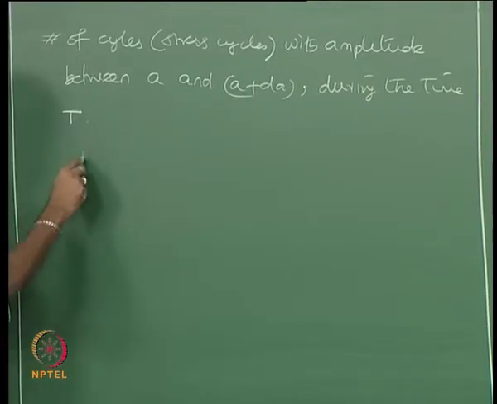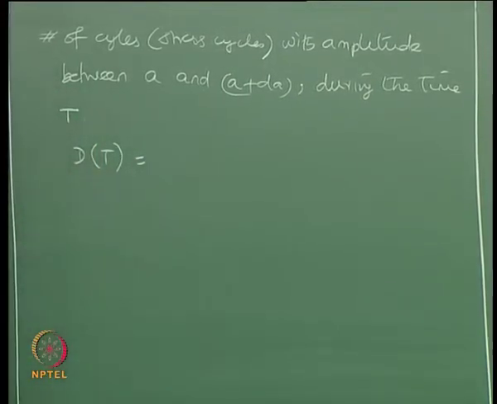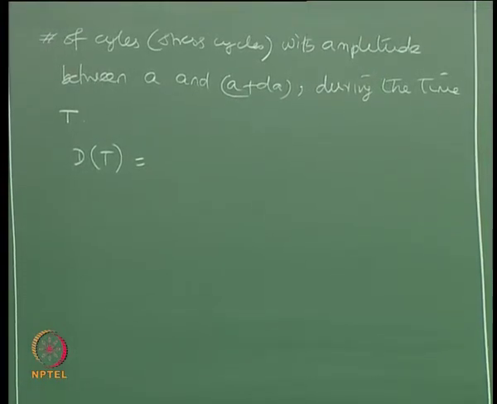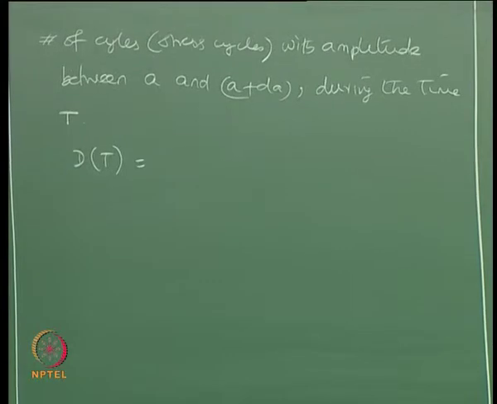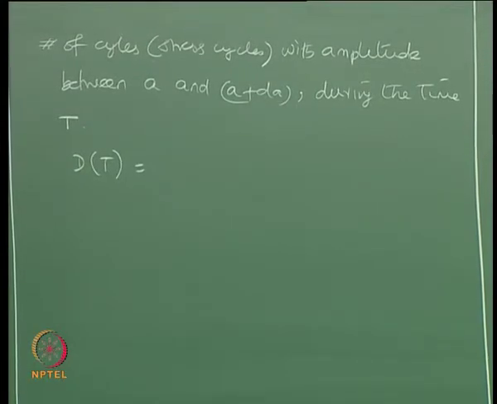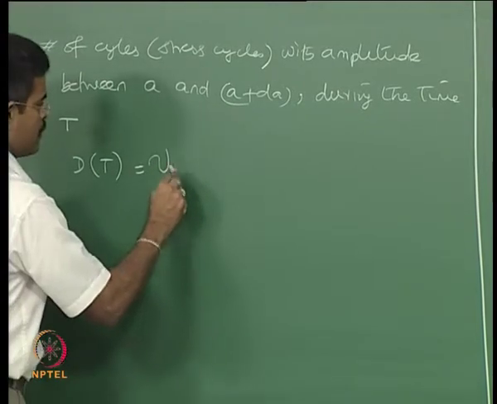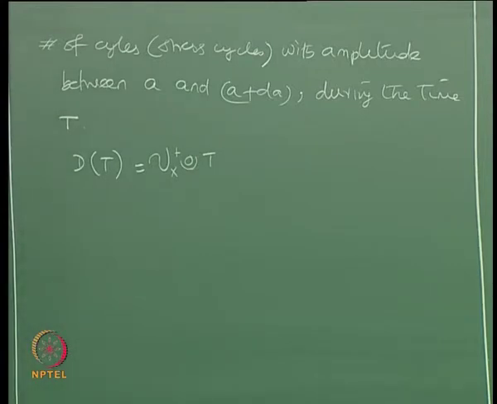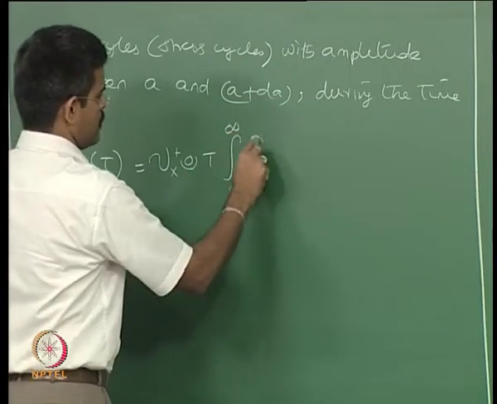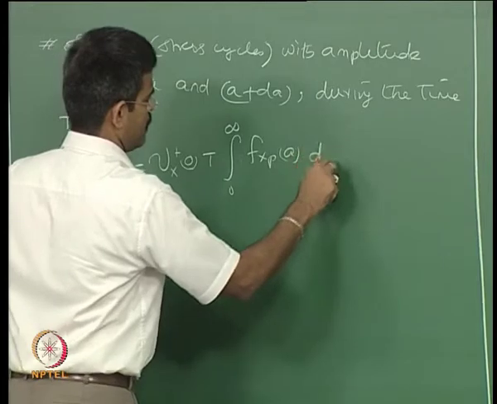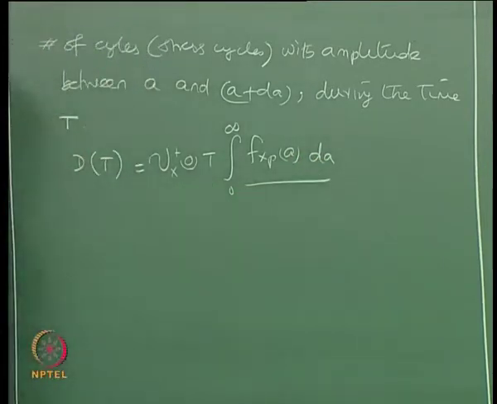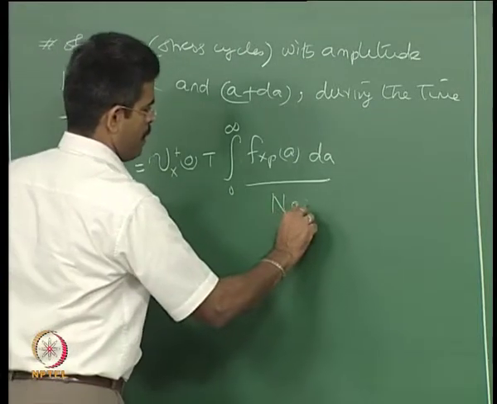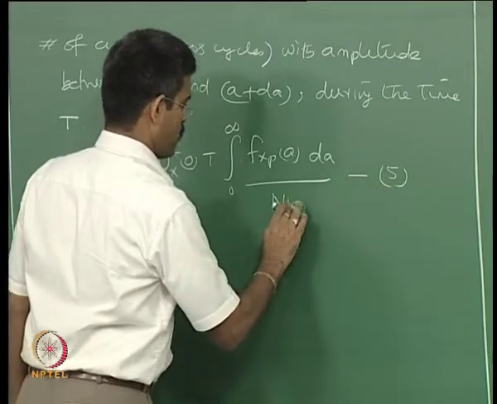Therefore, D of t can be expressed as v_x plus 0 t, integral f_xp(A) dA by N of A, which we call equation number 5.